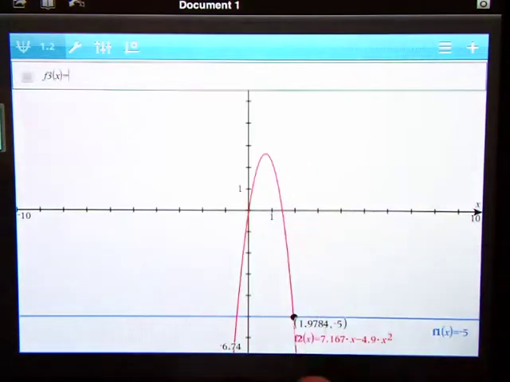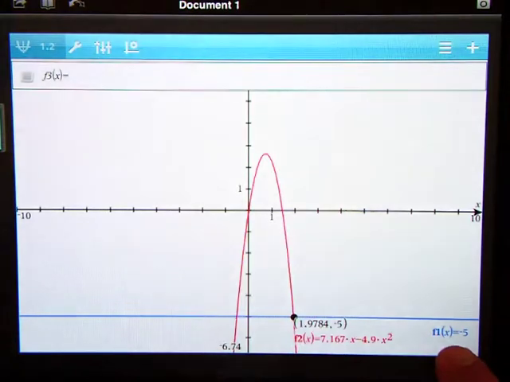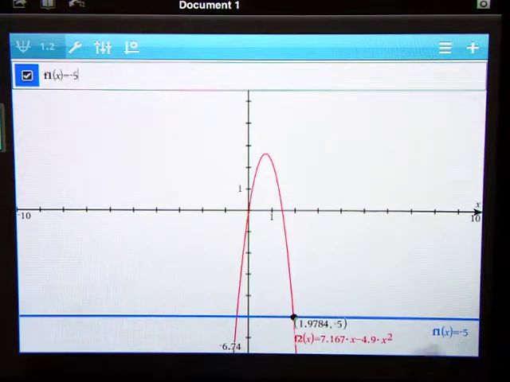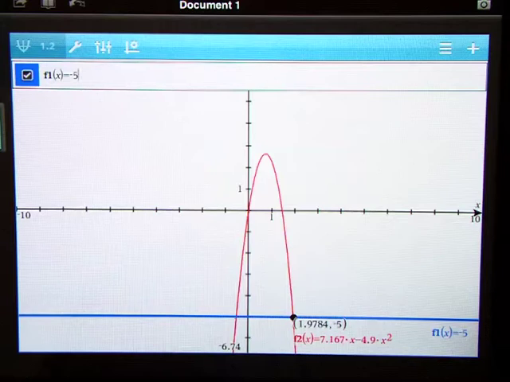My first f of x is my left-hand side of the equation. So I plot a line at -5, and then I plot my function of the right-hand side of my equation, which is the 7.167 delta t minus 4.9 delta t squared, and x is my delta t. And I want to see what value of delta t it is equal to -5.